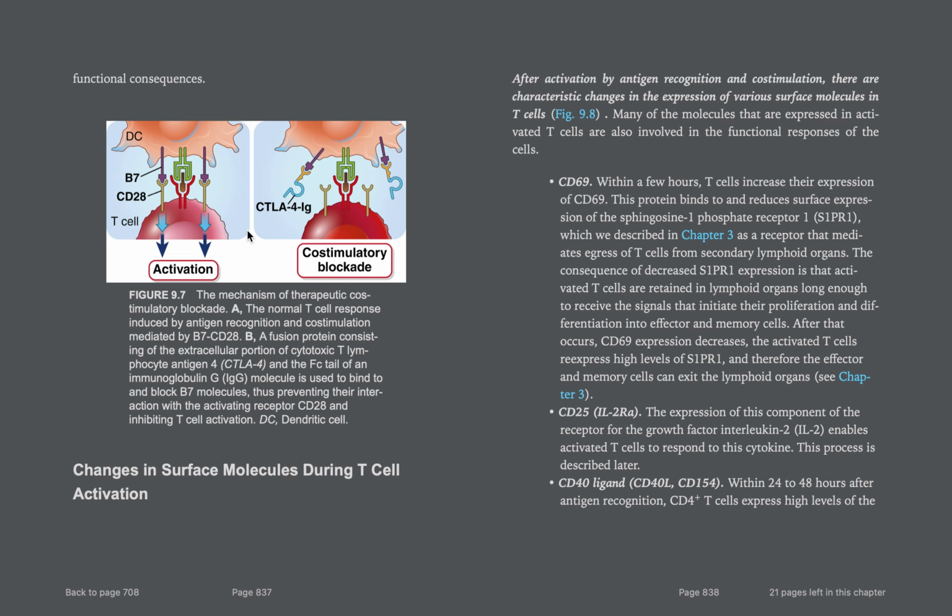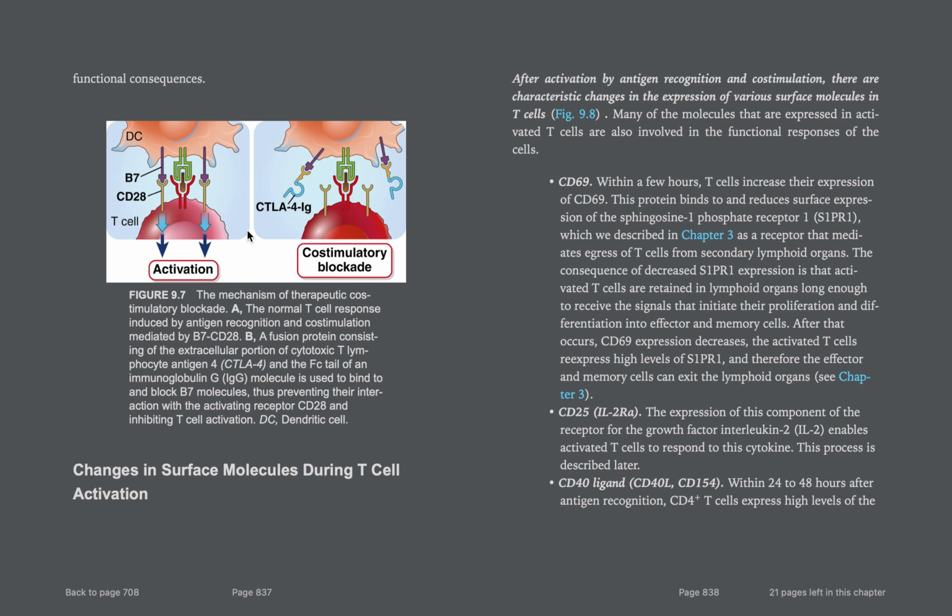Changes in surface molecules during T cell activation. After activation by antigen recognition and co-stimulation, there are characteristic changes in expression of various surface molecules in T cells. Many of the molecules expressed in activated T cells are also involved in the functional response of the cell. CD69: within a few hours, the T cell increases the expression of CD69.